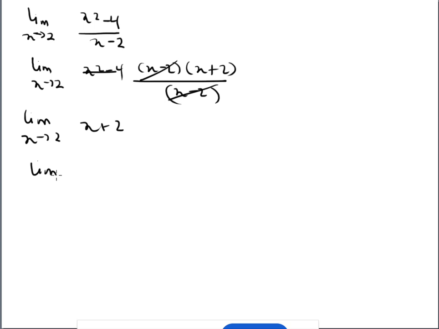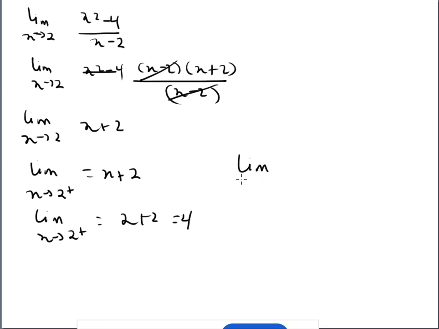So the limit as x approaches 2 from the right gives you x plus 2, and inputting the value of 2, you get 2 plus 2, which is equal to 4. You do the same thing for the left hand also, and of course you get 4.